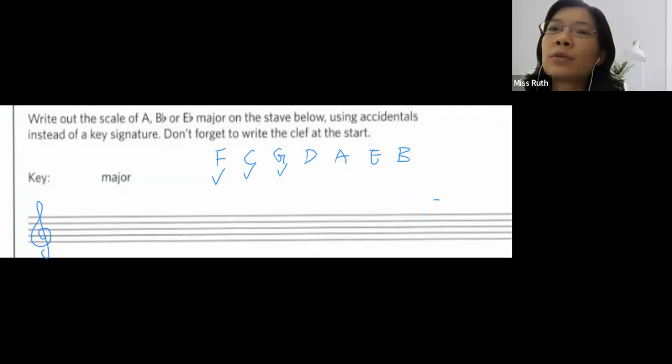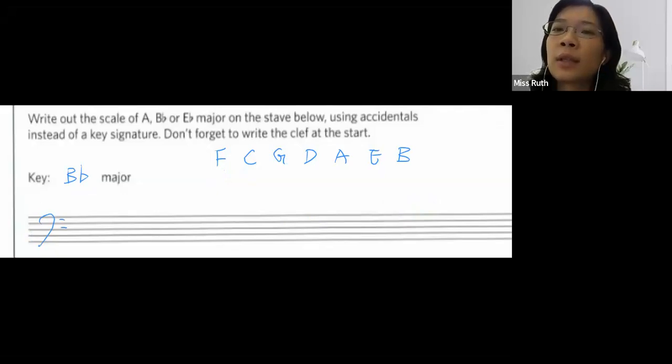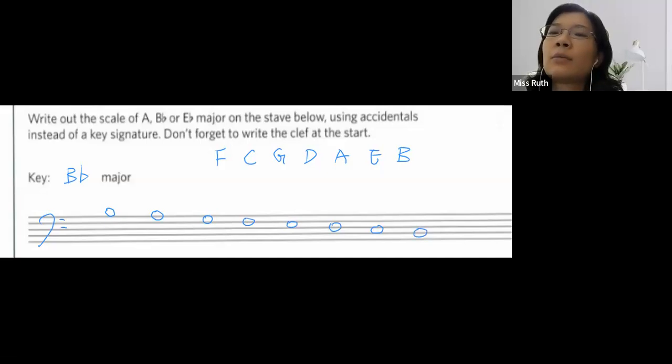And let's take another example. Let's say we try B flat major now, and we are not using the treble clef, but we are using the bass clef. Now, either we can do it in an ascending order or descending order of the scale. If we start from a descending scale, B to B again, one octave, and then B flat.